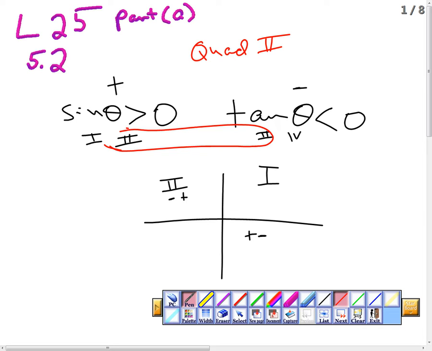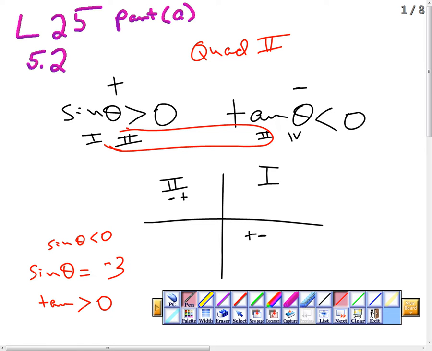And the reason why we have these is because you may be given a value like sine theta is equal to, let's say, -3, and tangent is greater than 0. So this tells you sine is negative, right? This would be like saying sine theta is less than 0, right? Because it's negative.